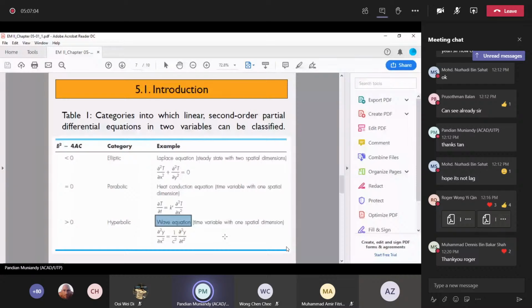So how does the wave equation look like? Wave equation is del squared y over del x squared equals 1 over c squared del squared y over del t squared. So c is the constant. That's why we do not know the value, but c will be given. For example, c is 2. So if c is 2, you have 1 over 4.